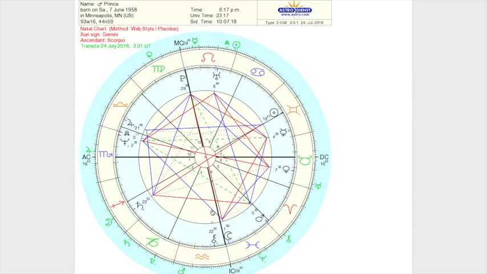Now, if you do not know your birth time or the birth time of whoever's chart you are trying to pull up, it's cool because there's still a lot of information that we can see and decipher about what all of this represents for a person and their personality.